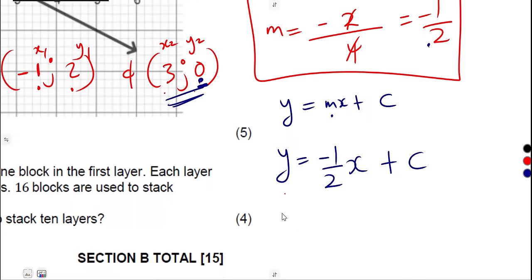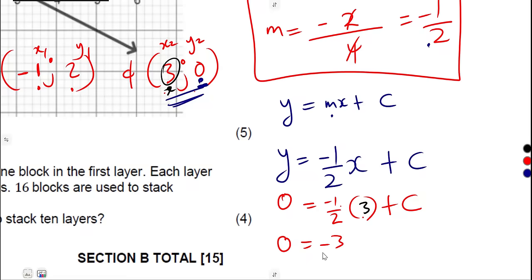So in place of y, put a 0, equals minus 1 over 2 times, in place of x, our x, which is 3. Then we can solve for c. So that's 0 is equal to minus half times 3, which is minus 3 over 2, plus c.